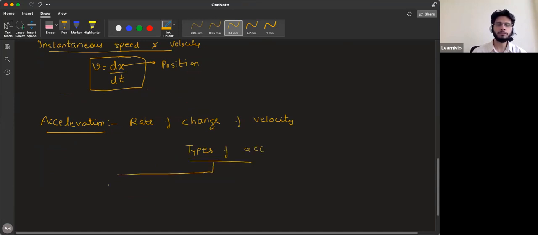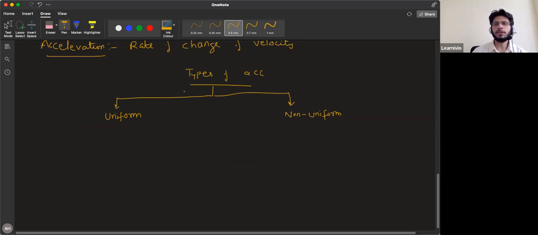It could be uniform, or your acceleration could be non-uniform. So in uniform acceleration, uniform means acceleration is not changing with time. It's constant.